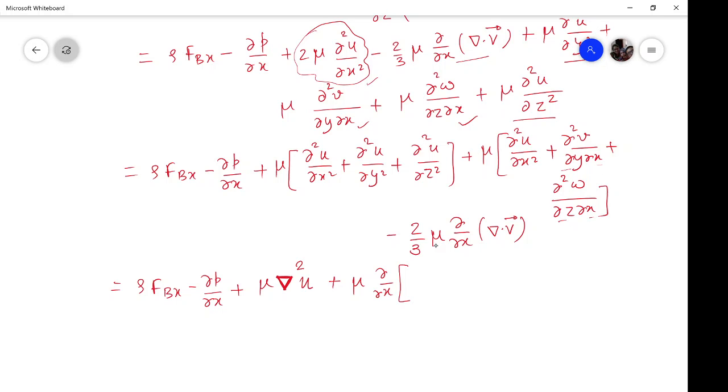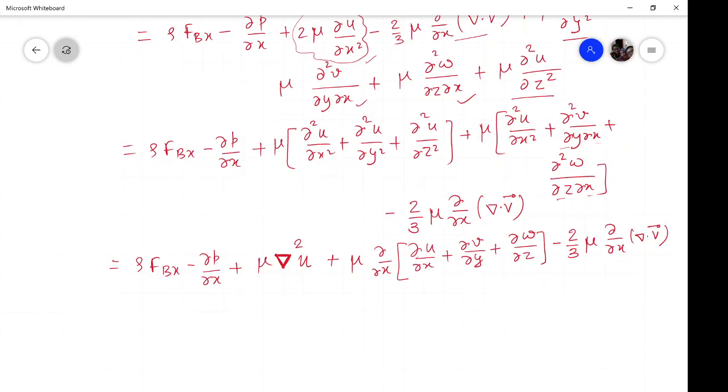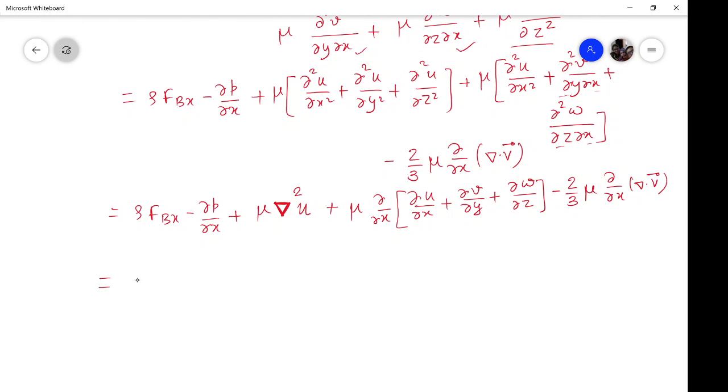So this becomes ∂u/∂x, ∂v/∂y, ∂w/∂z, and minus 2/3 μ ∂/∂x of the velocity vector.